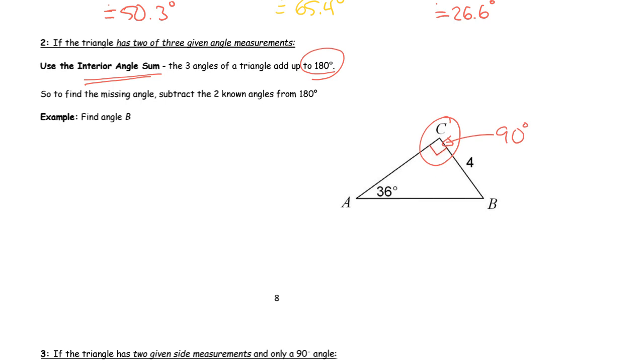Okay. So if you're given another angle, so if I'm telling you that this angle here is 36, well, it's quite easy to find that missing angle here. Angle B is going to be 180 degrees, the whole triangle, minus the 90 degrees for the right angle, minus the 36 degrees that was given to me. Okay? And then you could get 54 like that.